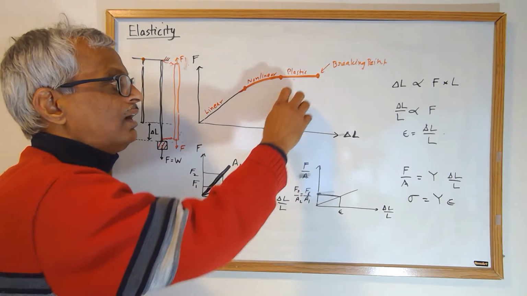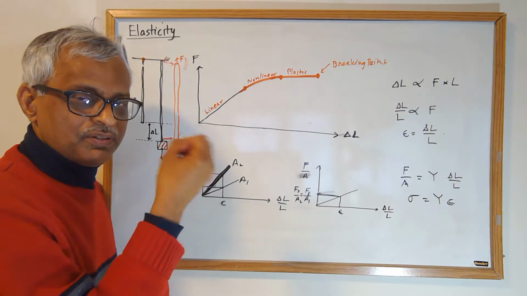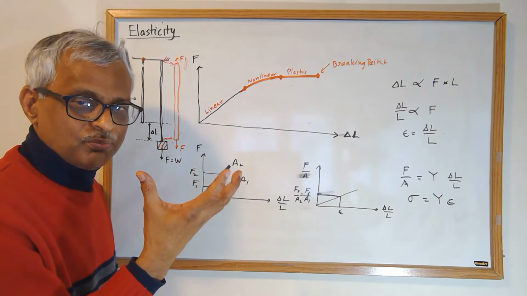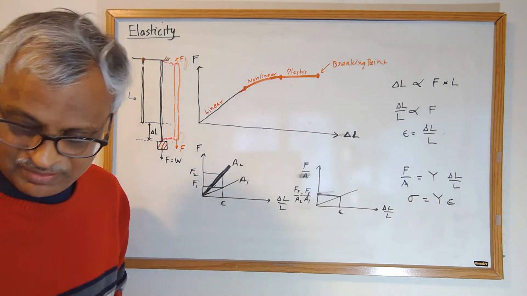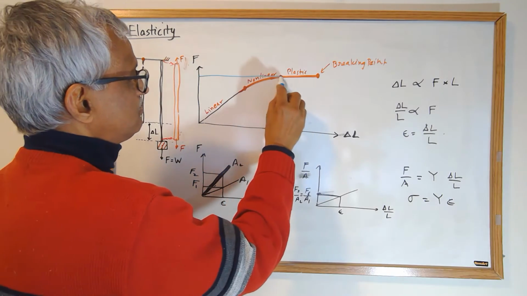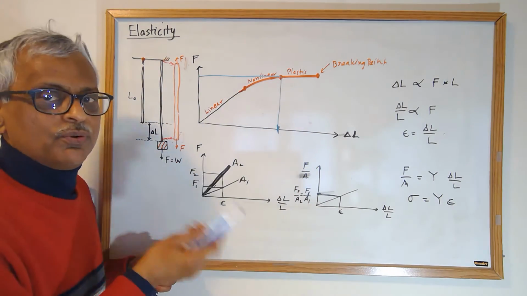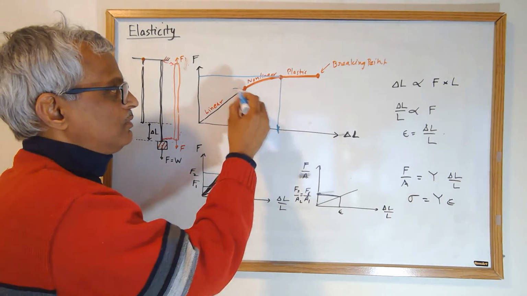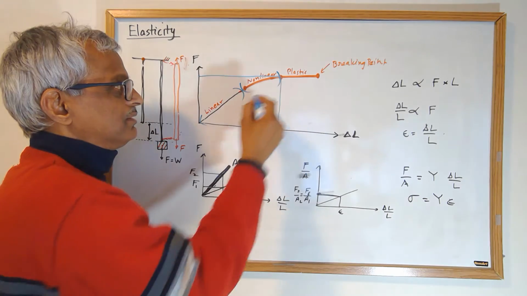Then there comes a region where, if I extend it, it becomes deformed. It doesn't want to come back. So all the way here, if I go this amount of extension up to here, the wire goes back. Over here, the relationship is very simple, and over here, it is nonlinear.